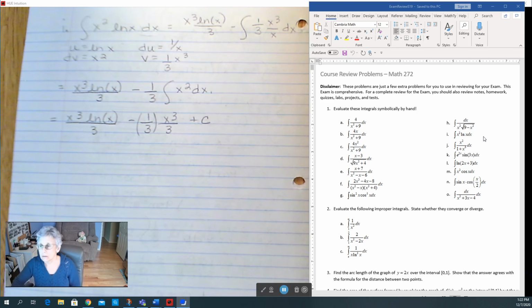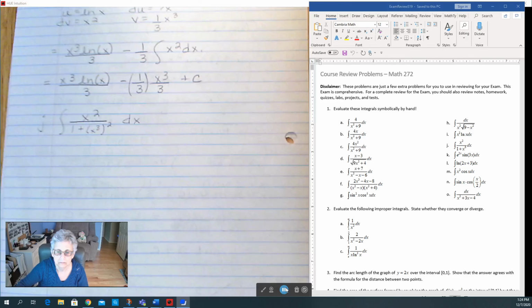Okay, I'm going to take a break and write down part J. Now, I knew exactly what was coming when I looked at part J, because I saw 1 plus a variable with an even exponent on it in the denominator. And that made me think about arctan.